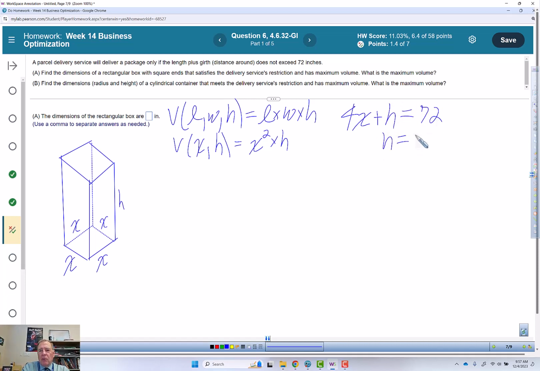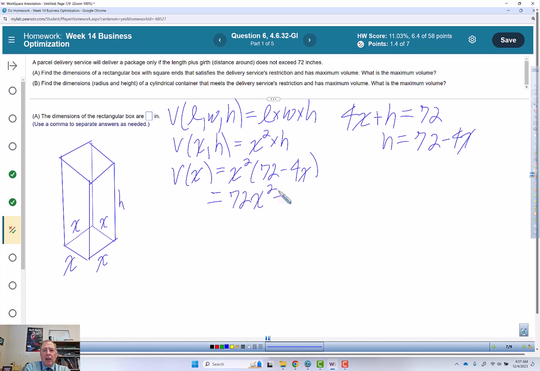So h equals 72 minus 4x. I can rewrite this function only in the variable x as x squared times 72 minus 4x. Distributing out the x squared, I get 72x squared minus 4x cubed.